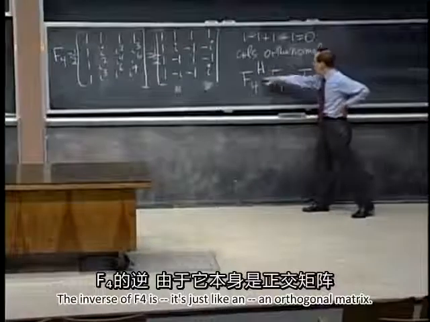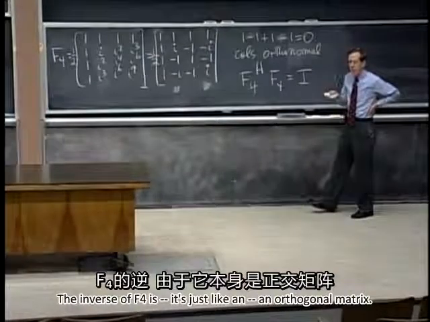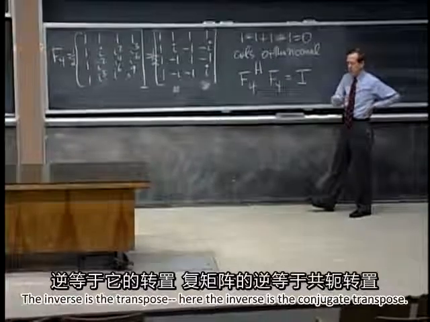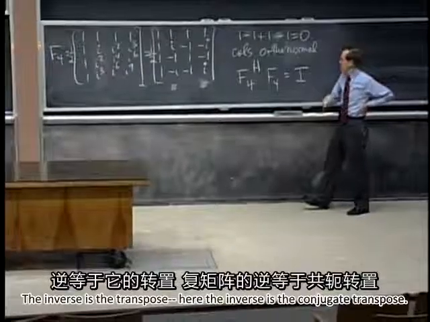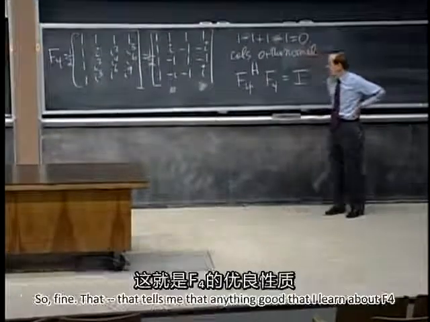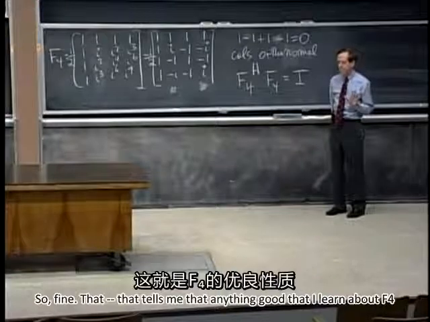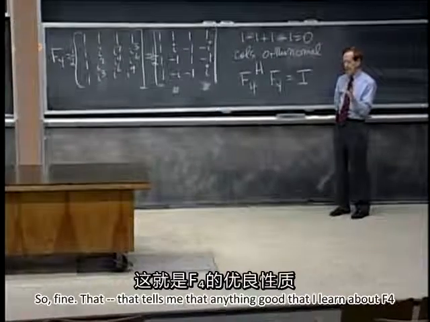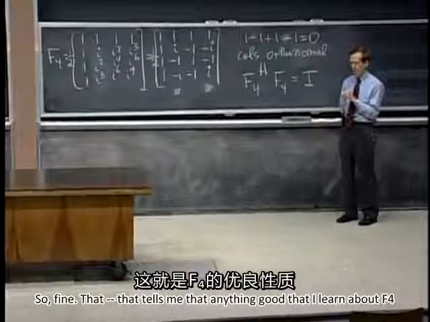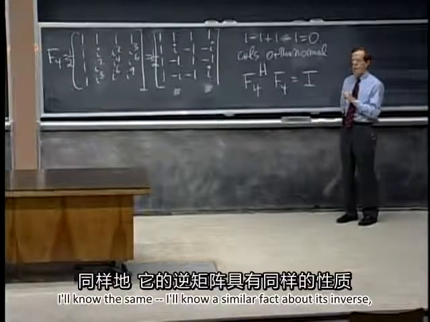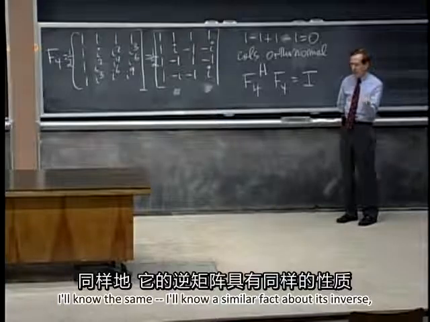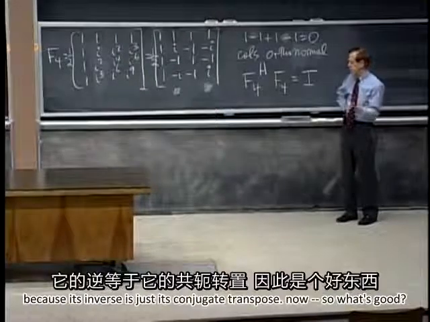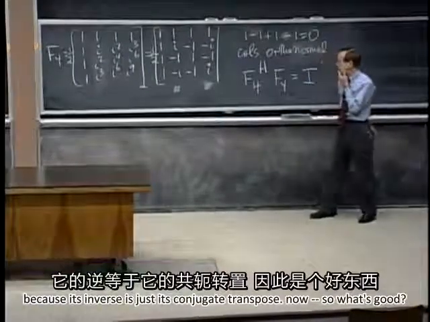The inverse of F4 is, it's just like an orthogonal matrix. The inverse is the transpose. Here the inverse is the conjugate transpose. So fine. That tells me that anything good that I learn about F4, I'll know a similar fact about its inverse, because its inverse is just its conjugate transpose.